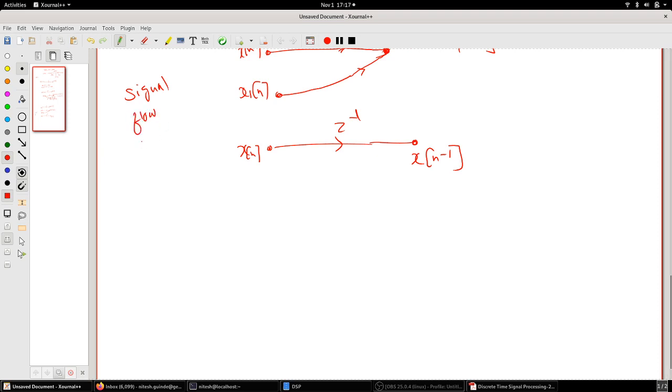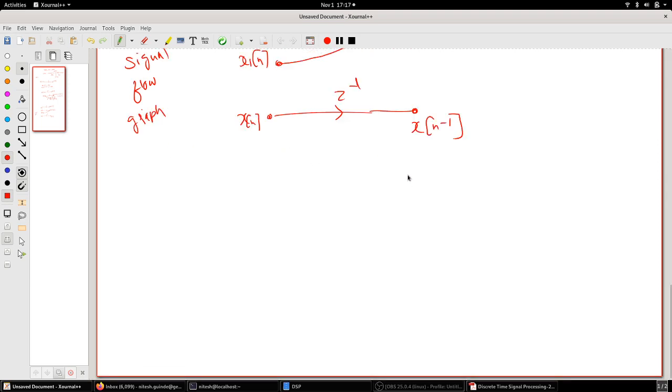Then there is the same thing with a block diagram. This was the signal flow graph representation, and there is a block diagram representation, where, let's say, this is x of n. If I want to multiply by a scalar, this here will be a into x of n. So this is a scalar component which I am multiplying.